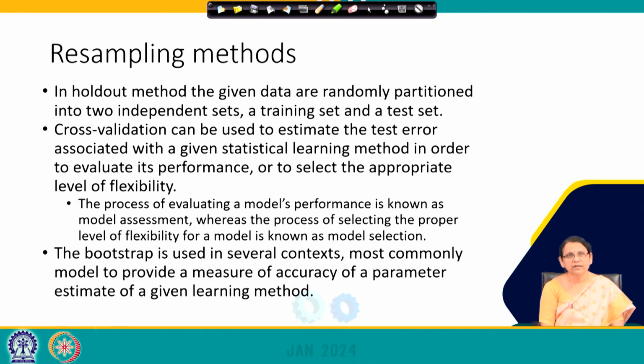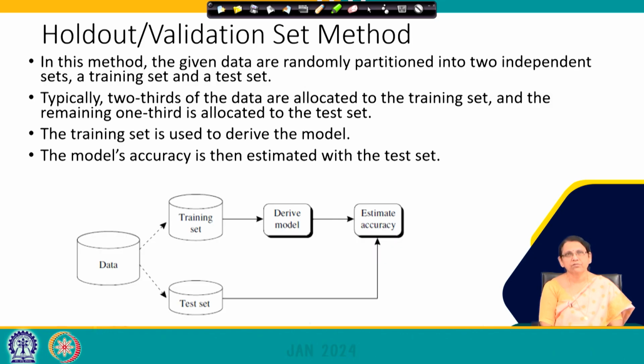The next method is bootstrap, which is used in several contexts. Most commonly, it is used to provide information about the parameters of a model.